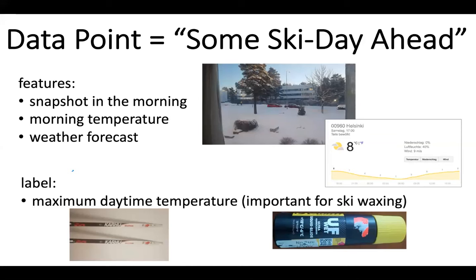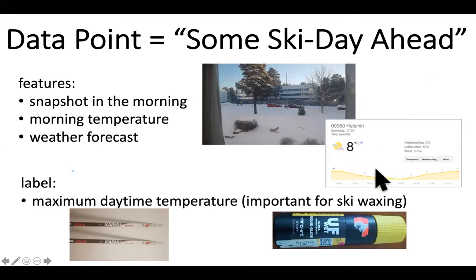What is the label? For example, a data point could be some ski day. This was 2 years ago, a nice winter day. I took a picture outside of my window. So the data point was some particular ski day. The features that I had were a snapshot in the morning, and maybe also the morning temperature, and also the weather forecast. The weather forecast that you get from online services are features, because these are not the true labels.